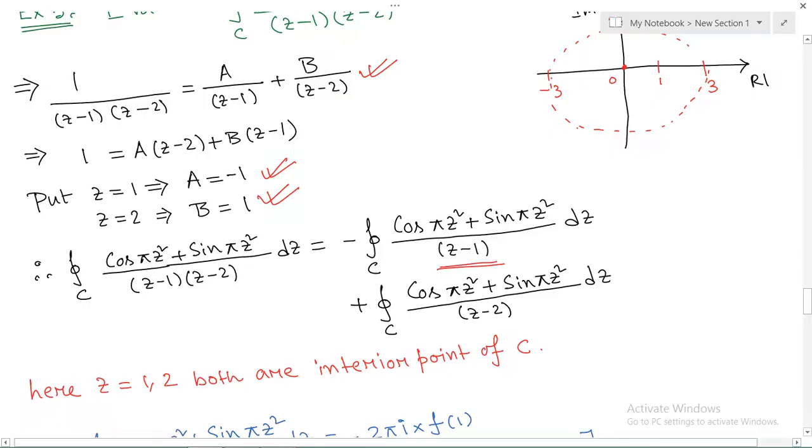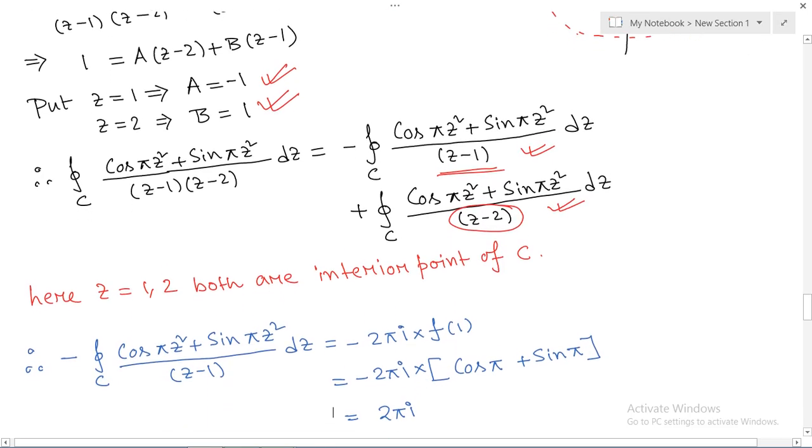And for the second integration, we have z minus 2, so by putting z equal to 2, again we will have a problem. So both the points 1 and 2 are interior points now. For the previous question, one point was outside and one inside, but here both points lie inside the region. So if both points lie inside the region, we have to apply Cauchy's integral formula for both integrations separately.